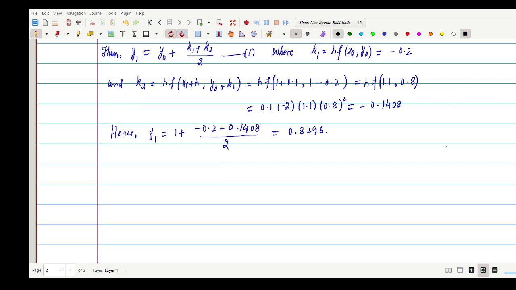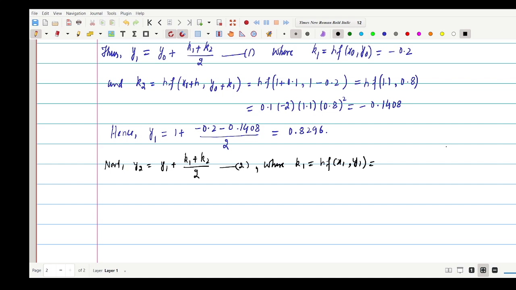Now similarly the second iteration: y2 is equal to y1 plus k1 plus k2 divided by 2. Let's call this equation number 2, where k1 is equal to h f of x1 y1. Now this value will be changed.